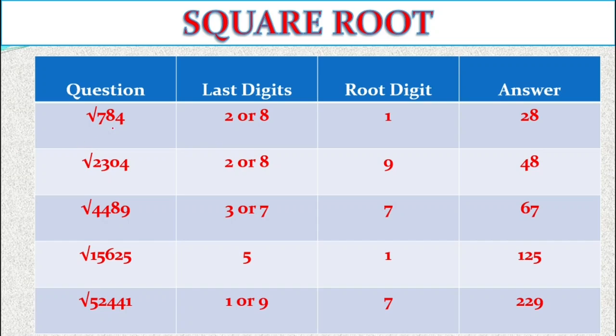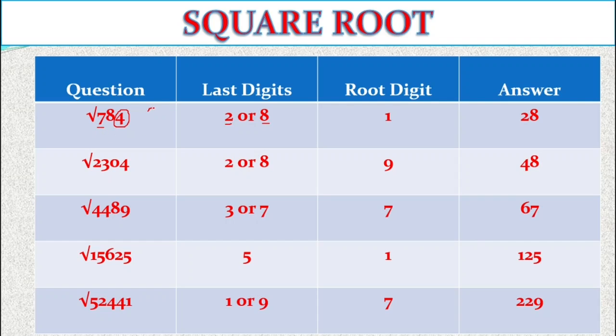And what about 784? Here the unit digit is 4, right? And it can be formed in two ways, either 2 or 8, because 2 into 2 is 4, 8 into 8 is 64. In either case, the last digit is 4. Okay, simply I can take it. And coming to the previous one, it's 3, right?